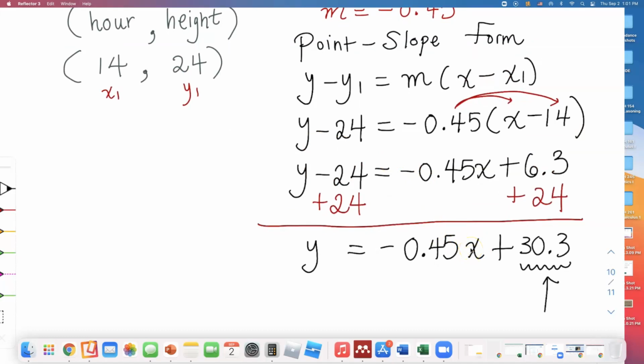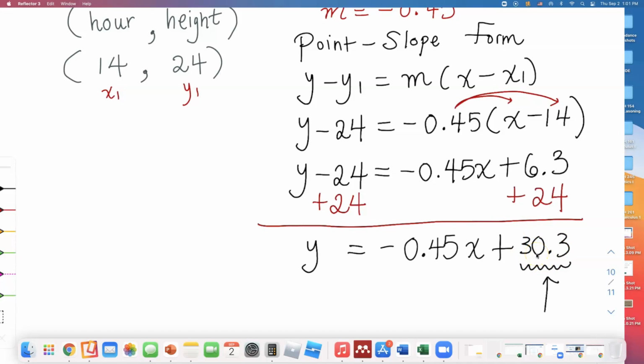If I plug in 0 in here, this term will cancel out and the y is equal to 30.3. So 30.3 is not only the y-intercept, but in the context of this problem, this is the length of the candle if we don't burn it. So this is the length of the candle before we light it up. This is the original length of this candle.